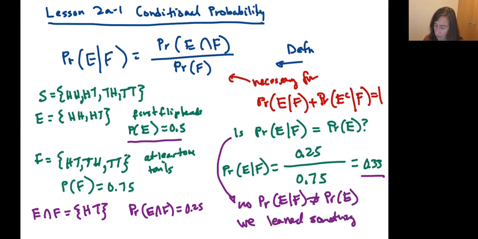That was valuable information. The fact that there was at least one tails changed our beliefs about the likelihood that the first flip was heads. So that's the kind of learning process the conditional probability helps us think about.